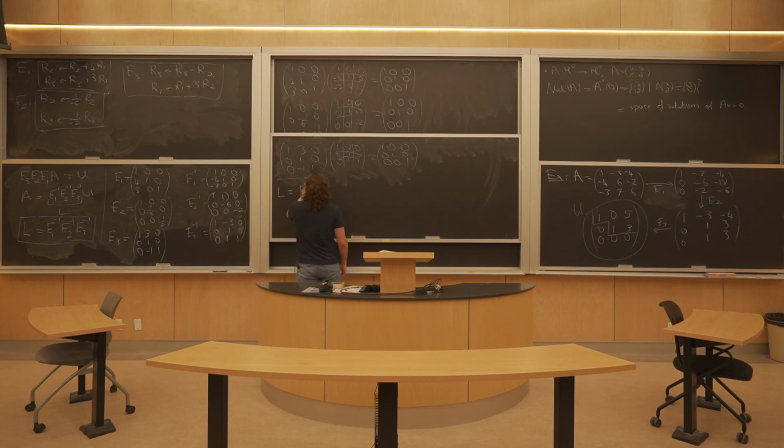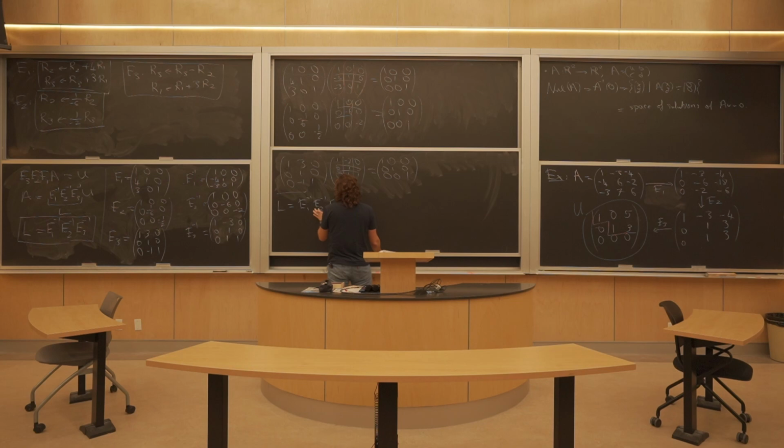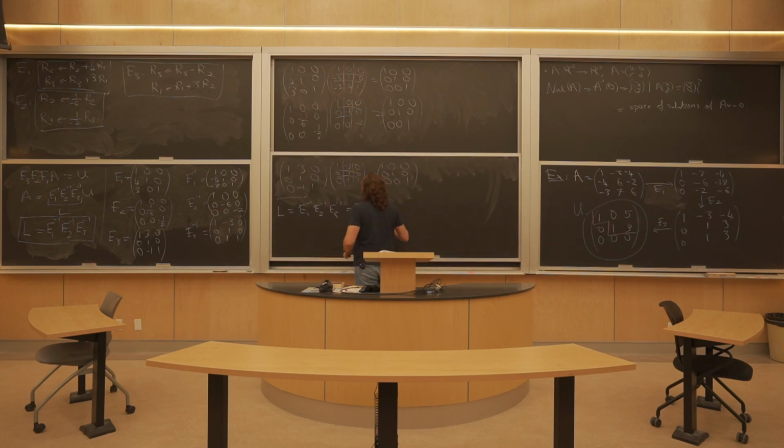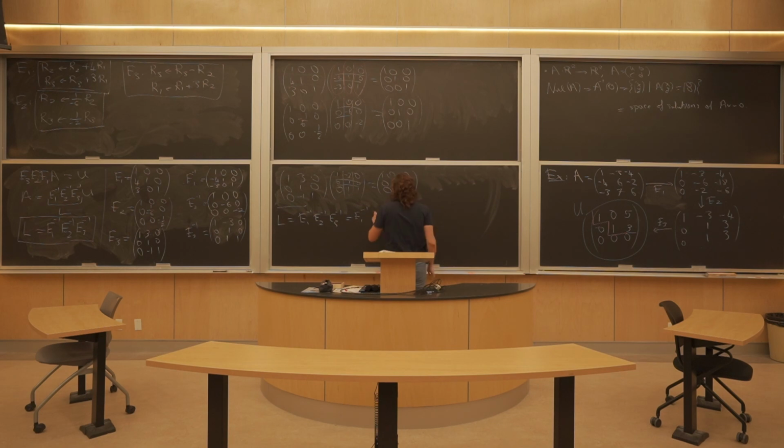So that's E1 inverse, E2 inverse, E3 inverse. Now what is this? Let's first multiply these two. This is E2 inverse, and then E3 inverse is 1 minus 3, 0, 0, 1, 0, 0, 1, 1.